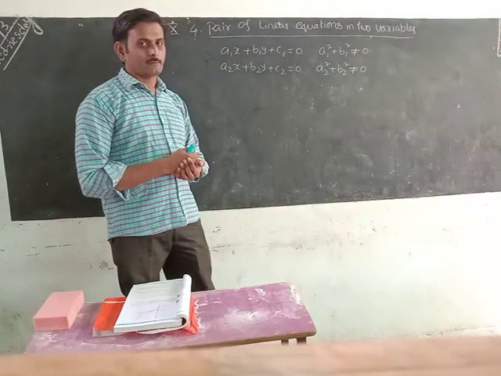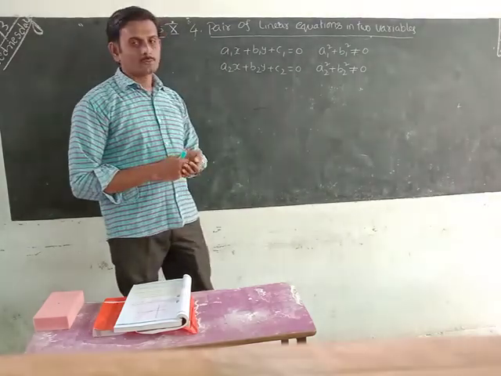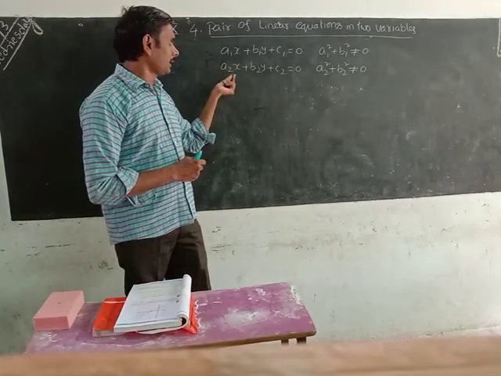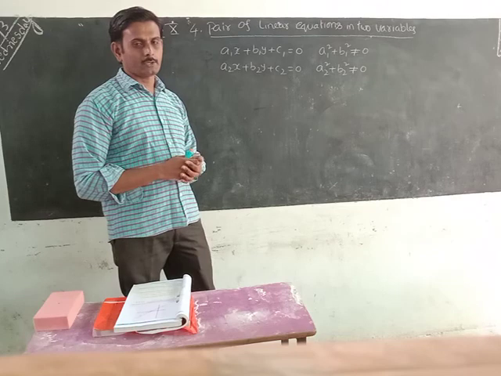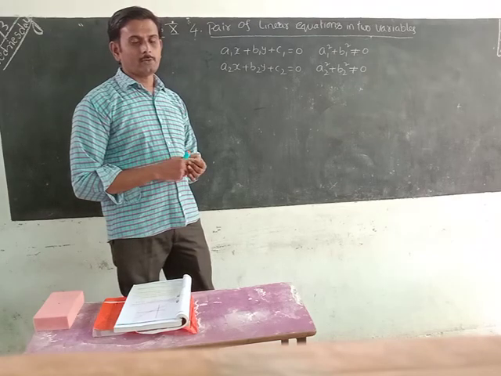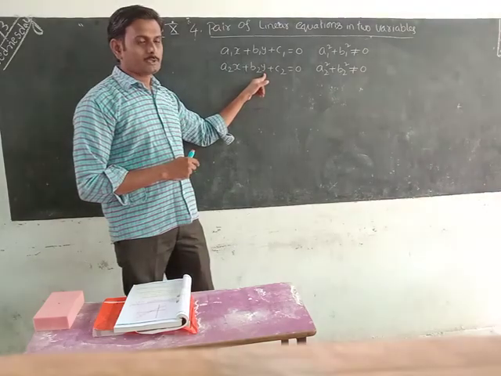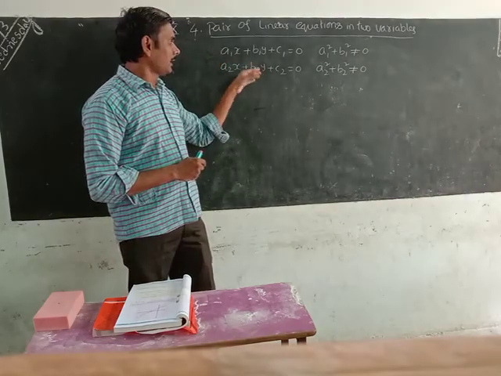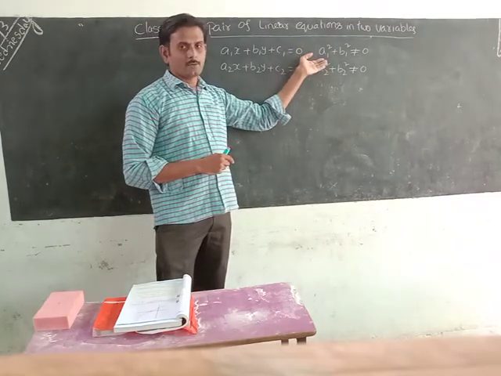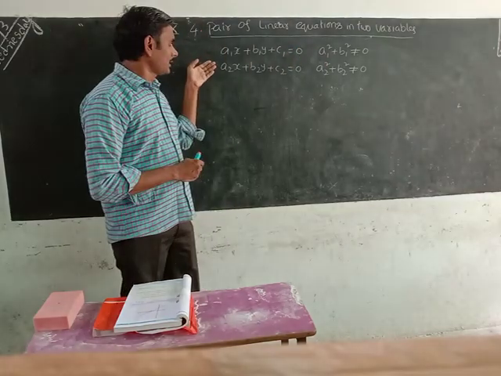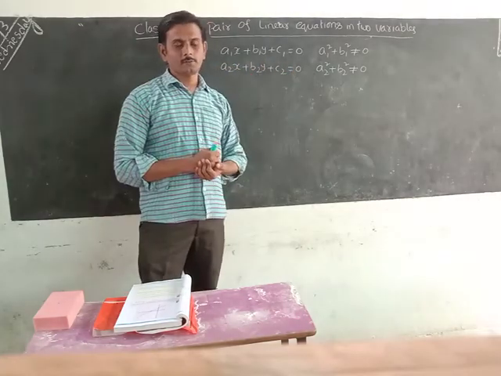By considering these, we have three possibilities. Whenever you want to write the solution, you have to take an x value and a y value. By replacing the x value and y value in the first equation, the result should be 0, and by replacing them in the second equation, the result should also be 0.